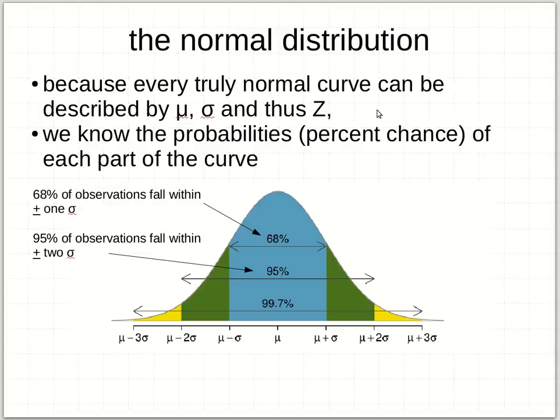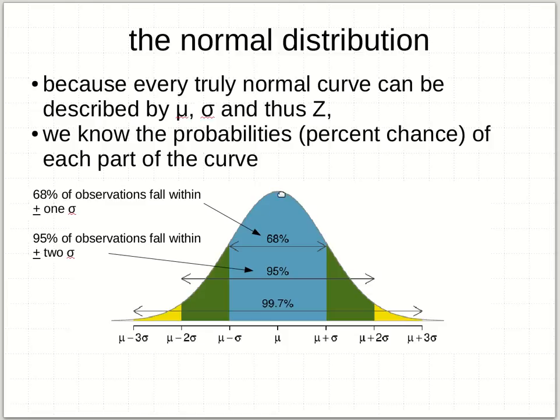So every truly normal curve can be described by the mean, the standard deviation, and thus how many z's away you are. Okay? We know the probabilities are percent chance because remember every one of these things is a count of individuals in a distribution. We know that if they fit a nice normal curve with lots and lots of observations, there's a percent chance of finding that individual if you sample again at random with that kind of a measurement.